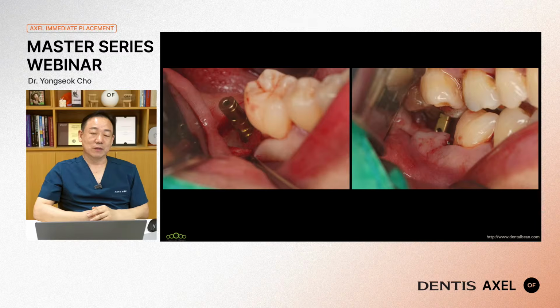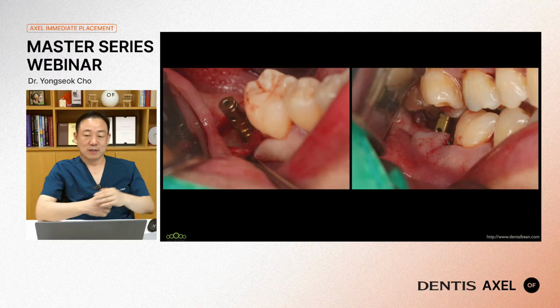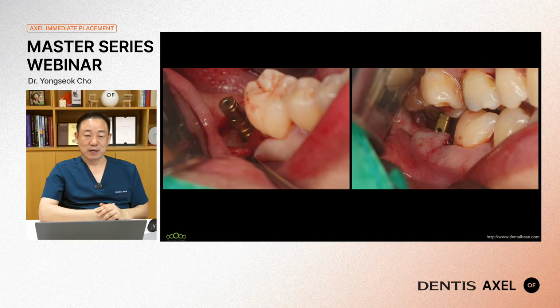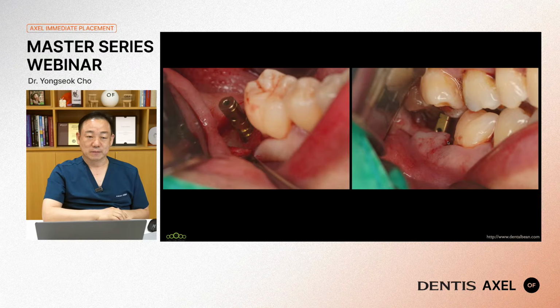Because of the orthodontic force from the tongue, number 7 will move buccally. So some patients are really too much super elongated and too much buccally positioned. But in this case, it is not bad, slightly super elongated.